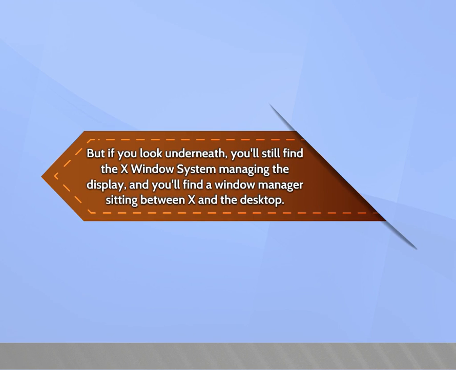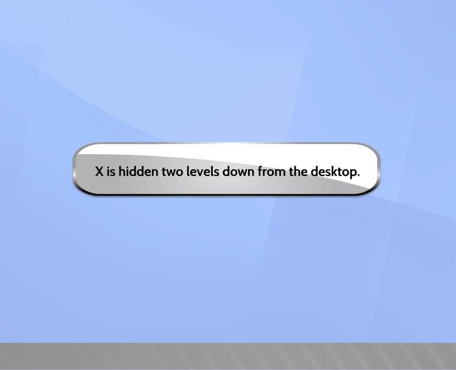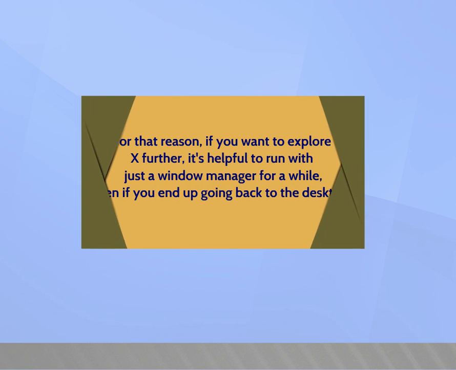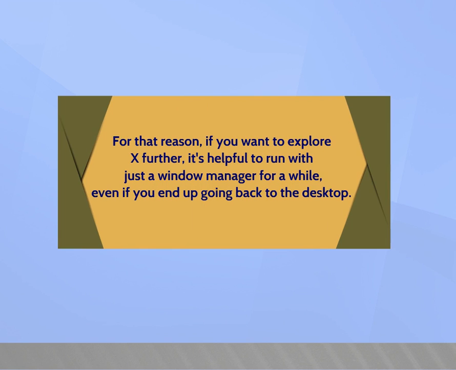But if you look underneath, you will still find the X Windows system managing the display, and you will find a window manager sitting between X and the desktop. X is hidden two levels down from the desktop. For that reason, if you want to explore X further, it's helpful to run with just a window manager for a while, even if you end up going back to the desktop.